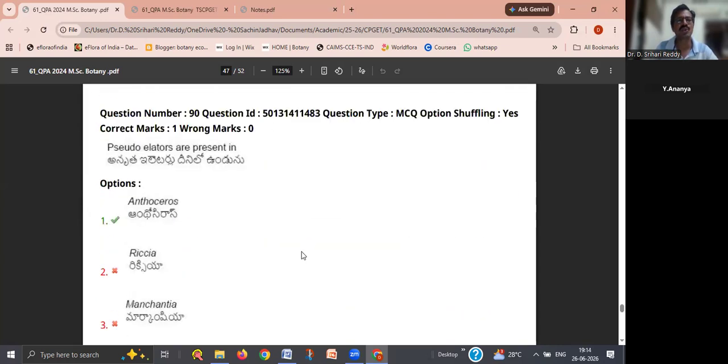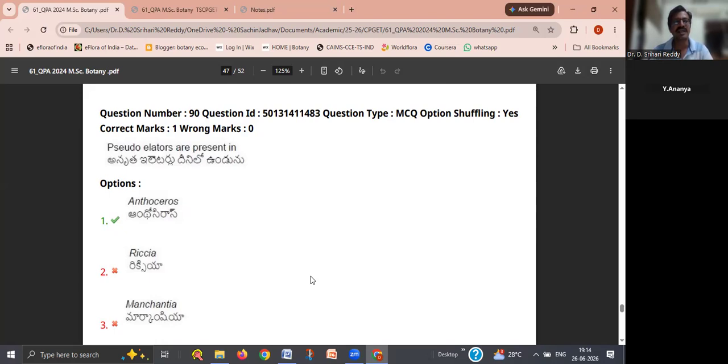Next one is: pseudo-elaters are present in... So here, if you see the elaters, where we find the elaters, I will tell you. In the case of the bryophytes, the sporophyte consists of the foot, seta, and capsule.